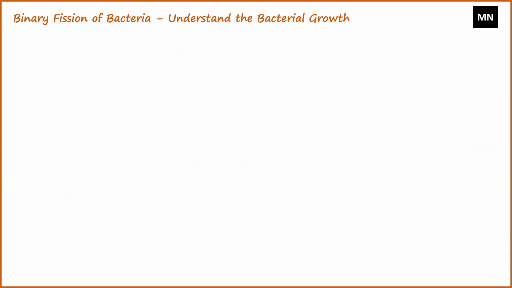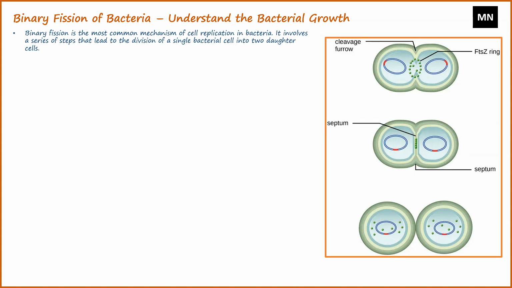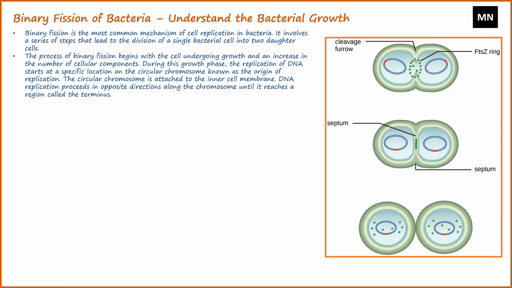Binary fission of bacteria. Understand the bacterial growth. Binary fission is the most common mechanism of cell replication in bacteria. It involves a series of steps that lead to the division of a single bacterial cell into two daughter cells. The process begins with the cell undergoing growth and an increase in the number of cellular components.